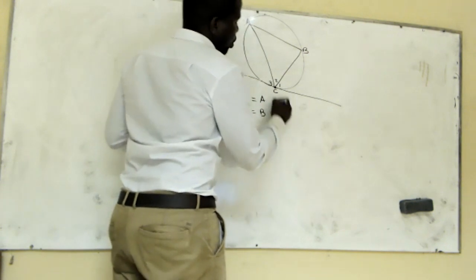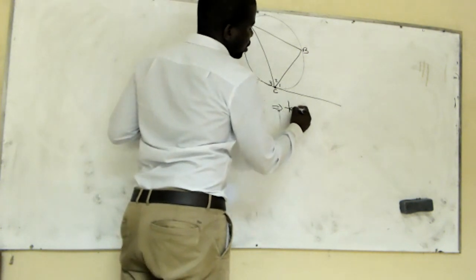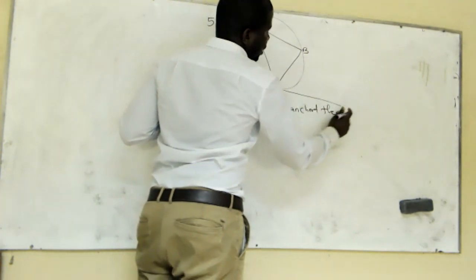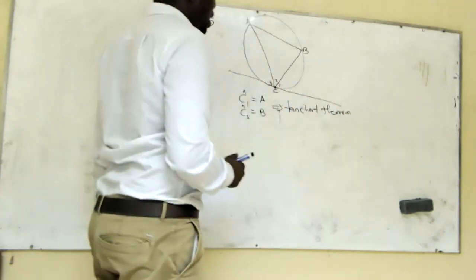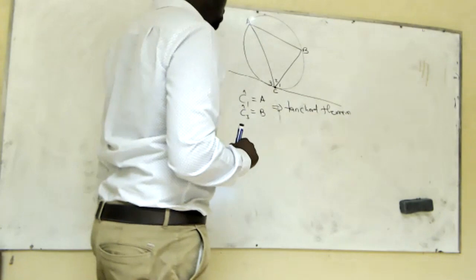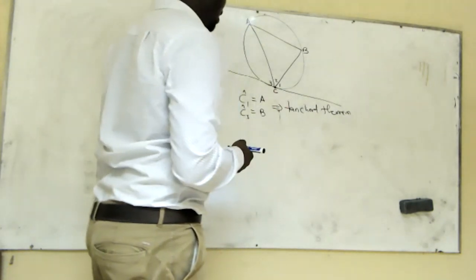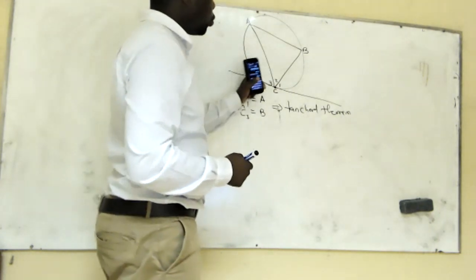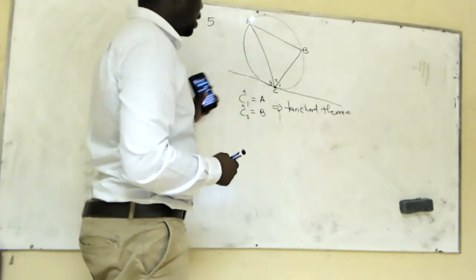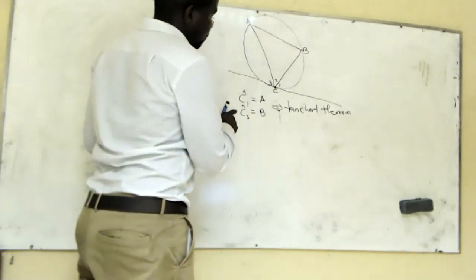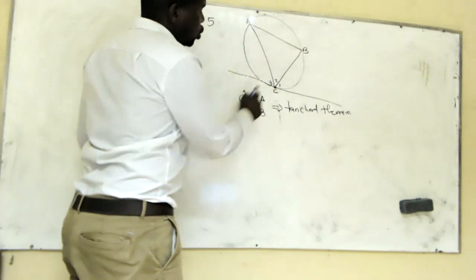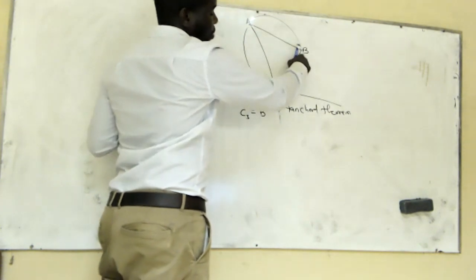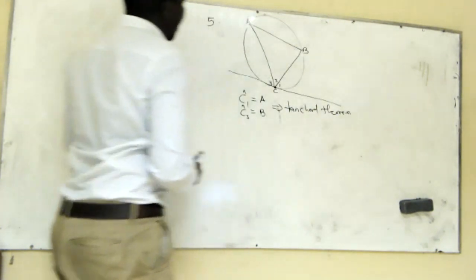Let me write here, because we have a theorem which is called the tan chord theorem. It's a very important theorem which you must be able to prove as well. I will do a proof with you in other lessons. It's a very, very important proof which you must all know how to prove, because it usually comes in the test and exam. So now C1 will be equal to angle A, and C3 will be equal to what? Angle B. Why is that the case? Because we have what is called the tan chord theorem.